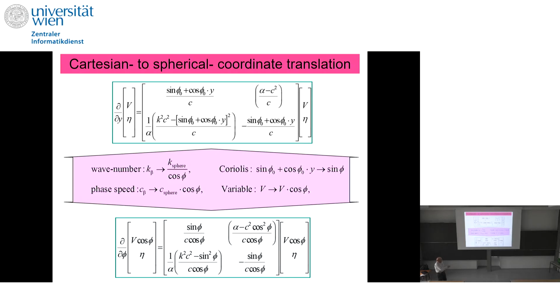So we have a matrix, the counterpart of this matrix is this one, and you see the omega squared didn't change. Here you have cosine phi because c is replaced by c cosine phi, etc. So these are the rules of transformation from plane to a sphere.